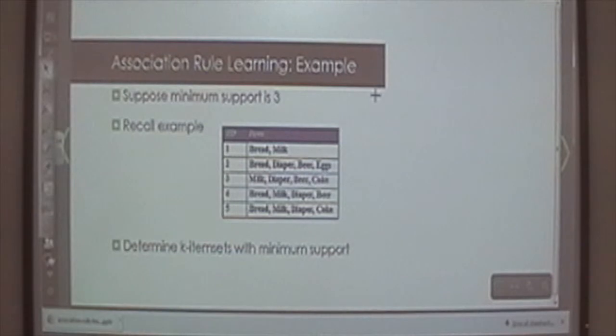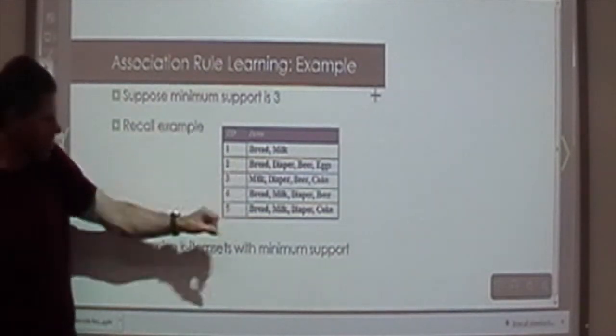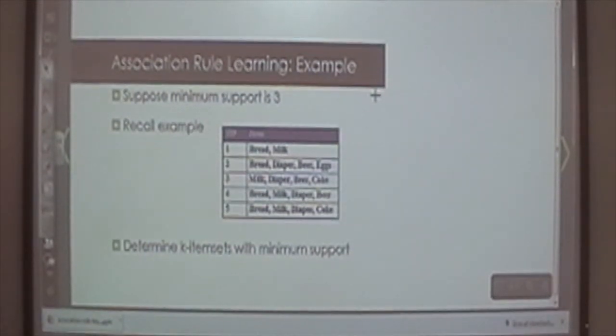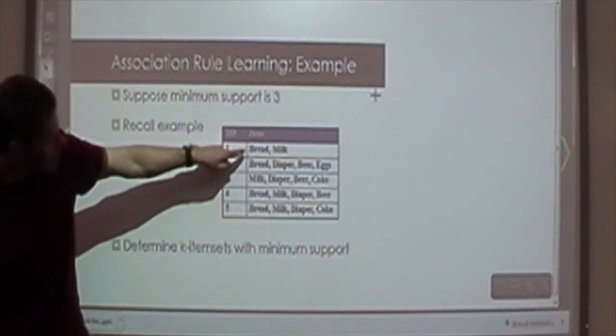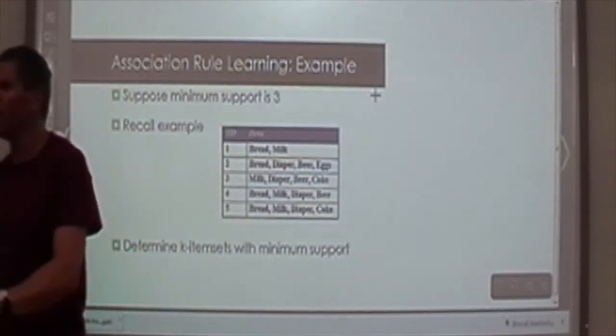So let's bring that up here. I wanted to recall our example. Here are our transactions. And let's suppose we have our minimum support level of 3 out of the 6 items. It looks like 6 items. So what that 3 means, though, is that, for example, bread appears 4 times.